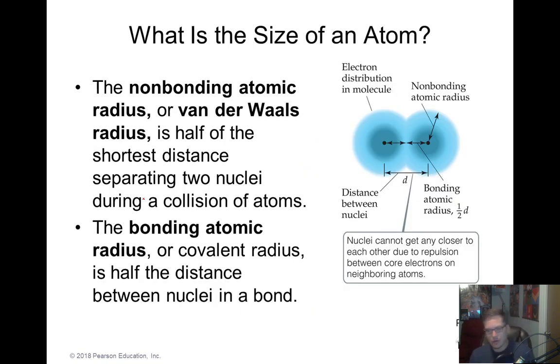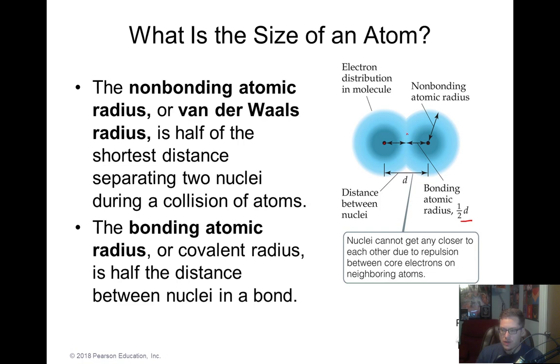Now we're going to move on to atomic radius. We're thinking about two things here: general ideas about atomic radius that we want to make sure we're clear on. Bonding atomic radius is equal to half the distance between the two nuclei that are bonded.